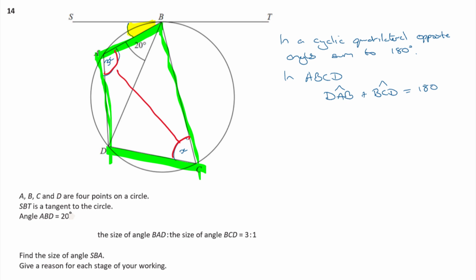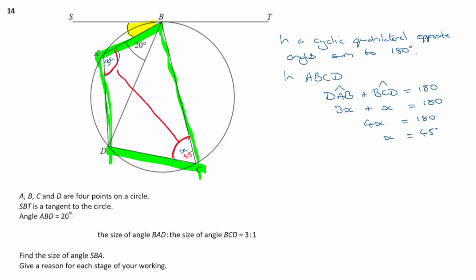In other words, 3x plus x is 180. In other words, 4x is 180. So x then is going to be 180 divided by 4. That's 45 degrees.